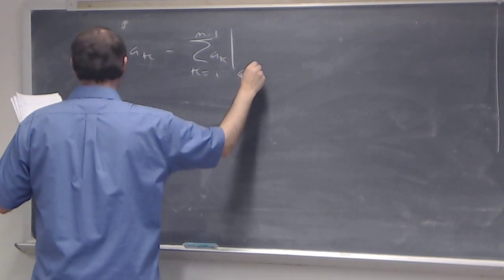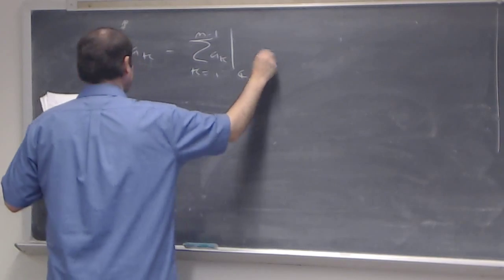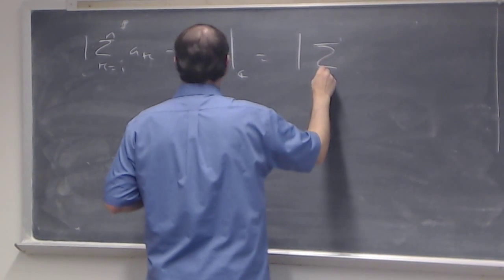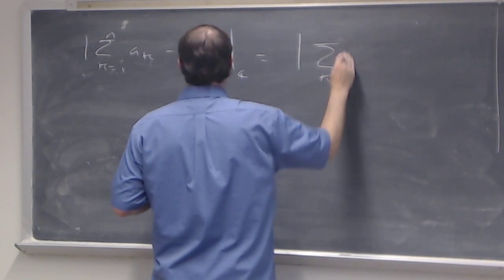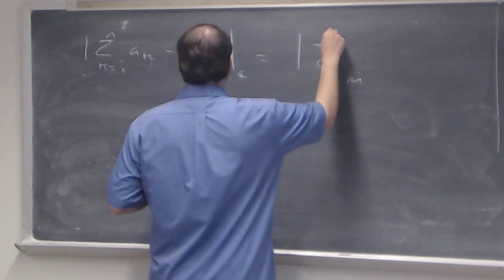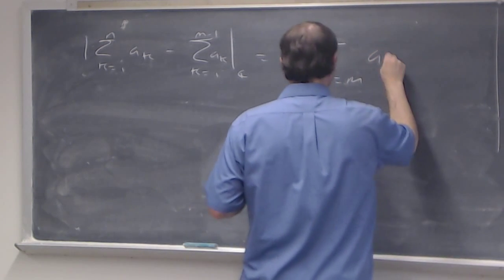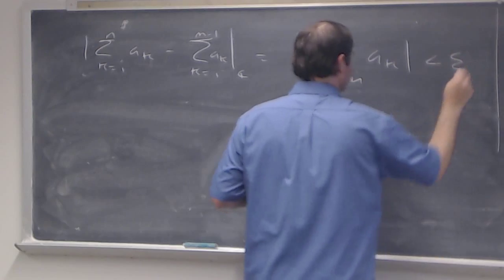That difference in the norm will be equal to the norm of the sum as k runs from m to n of a sub k, which will be less than epsilon.